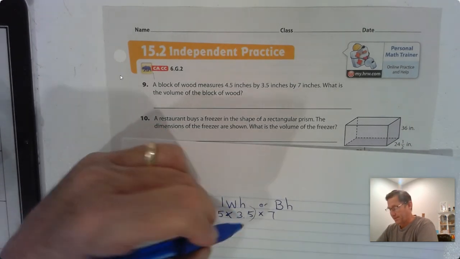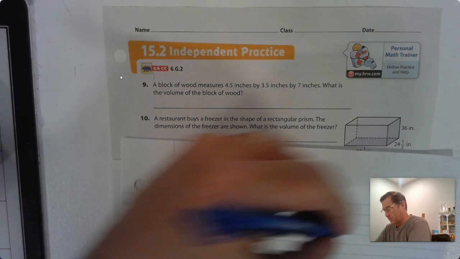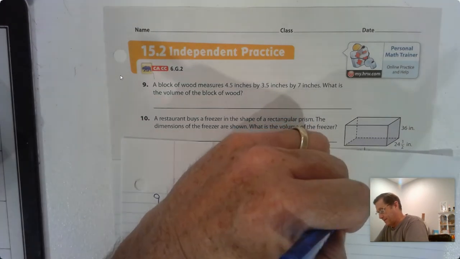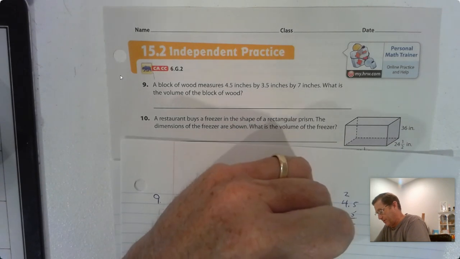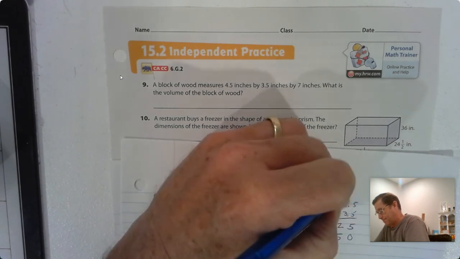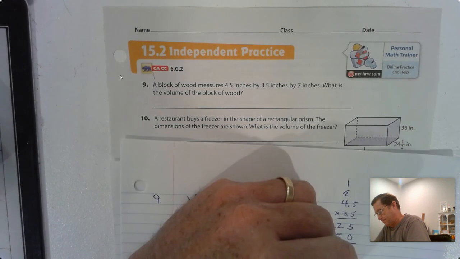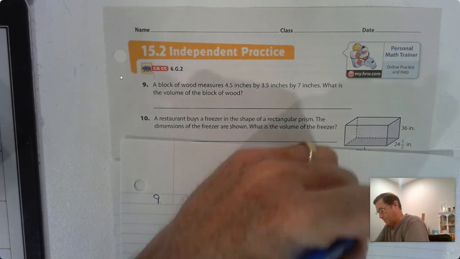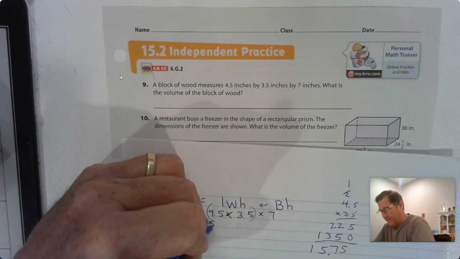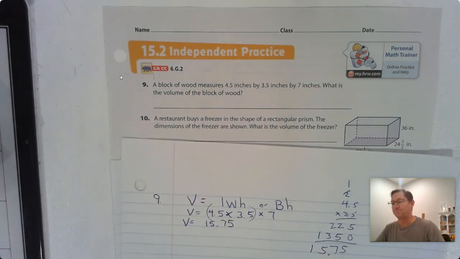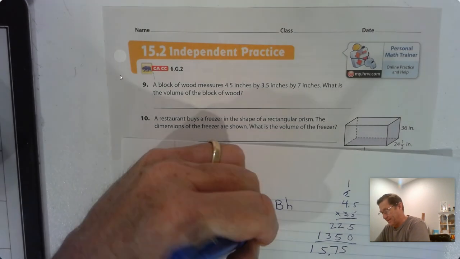So we could call this the base, right? So 4.5 times 3.5. So multiply those together. And we should come up with 15.75 times 7.